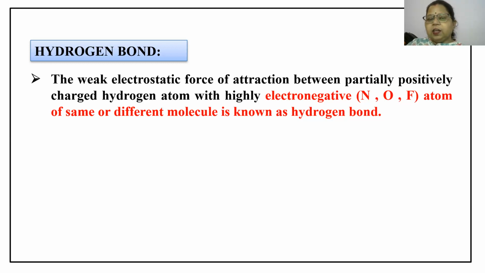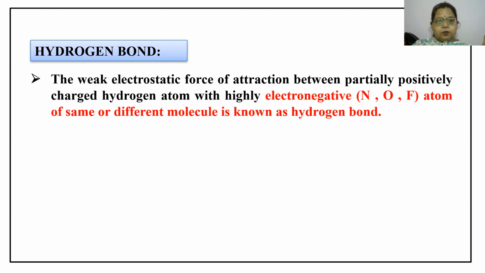First of all, hydrogen bond is not a bond. The name itself is misleading. It is an attractive force only. That is the first thing. You must put it in your copies. If I say bond, you should mean ionic bond, covalent bond, metallic bond, and coordinate bond. 4 types of bonds are there.